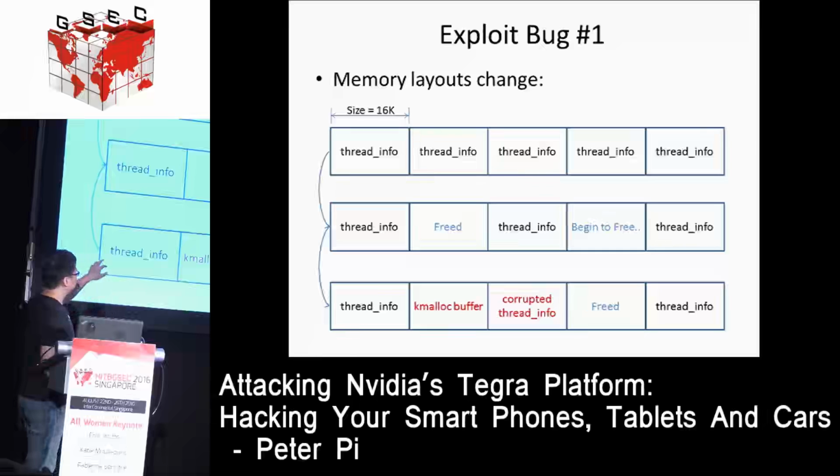This will cause some struct thread info to be freed. At the same time, I trigger the bug to k-malloc a 16K buffer to occupy one freed struct thread info, and then overwrite 16 bytes to the next struct thread info.